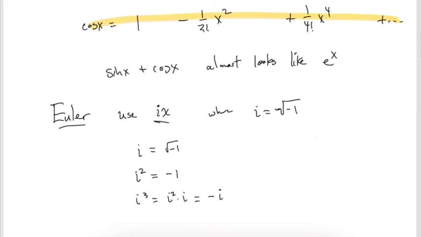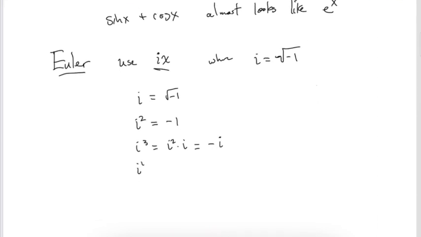i to the 4. Well, this would be i squared times i squared, but that's -1 times -1, which would be +1. All right. What about i to the 5? Actually, i to the 5 would be i to the 4 times i, but this is 1 times i. So this is i again. So actually, you have a similar kind of repeating pattern here.